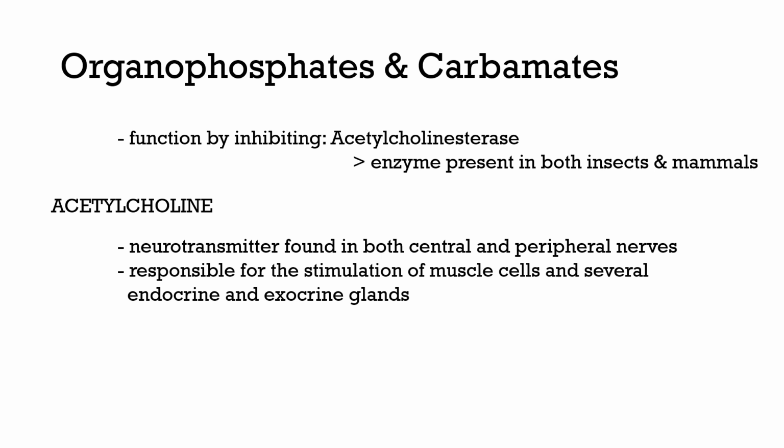Diba? And of course, ang kanang mga muscle cells na to, what about our heart? If gina-inhibit niya ang katong neurotransmitter that is responsible for the stimulation of those na mga functions sa atong body. So it's very life-threatening kung ingest or magka-high level exposure ta ani organophosphate and carbamate.